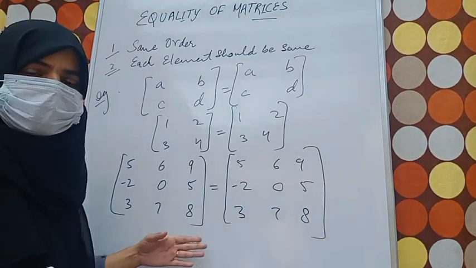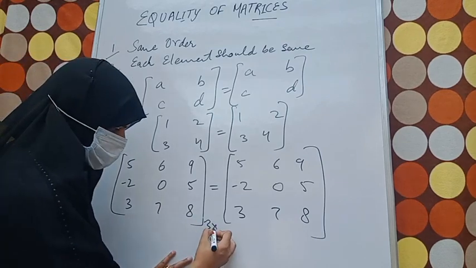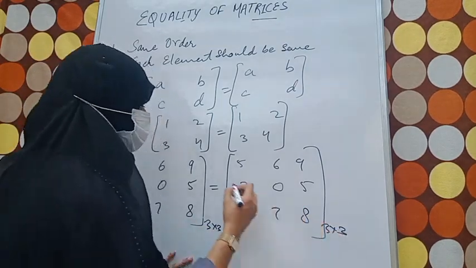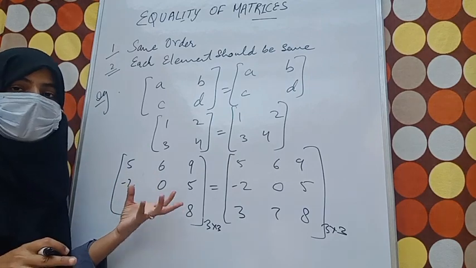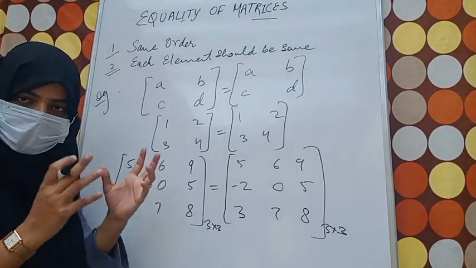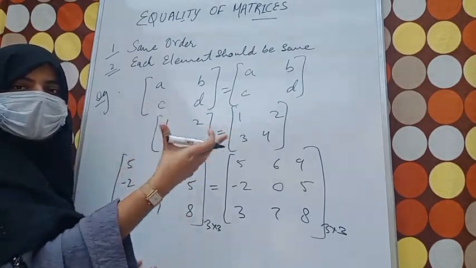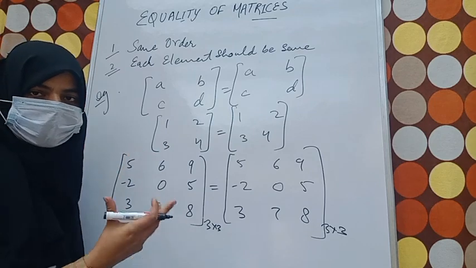These two matrices are also equal because each order is same. It is 3 by 3. It is also 3 by 3. Now you can see even the elements on the particular position are equal. Then only we can say they are equal. Then only equality of matrices can be understood. I hope you are getting my point.